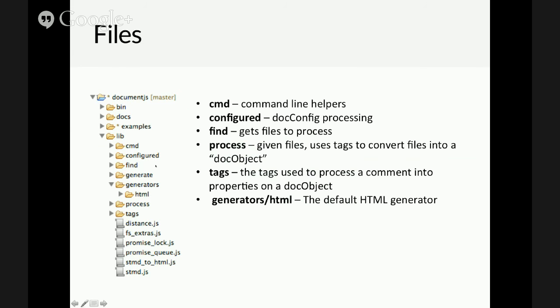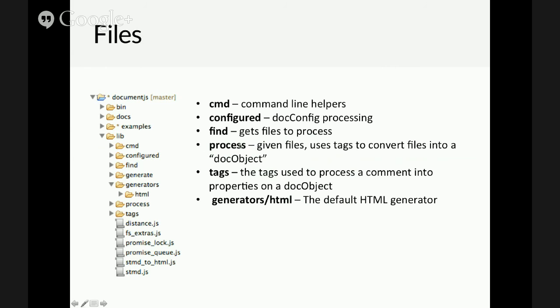The find folder is used to go get, given a final configuration, everything downloaded in its place, go get the files to process. Really all this returns is an event object that has an event triggered whenever a file is found.